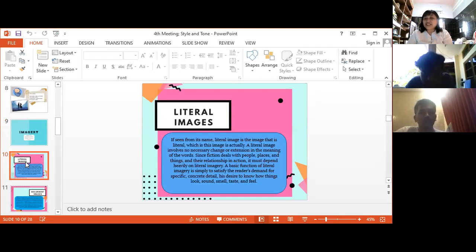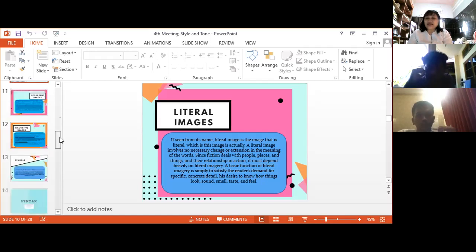Since fiction deals with people, place, and things, and their relationship in action, it must depend heavily on literal imagery. A basic function of literal imagery is simply to satisfy the reader's demand for specific, concrete detail, his desire to know how things look, sound, smell, taste, and feel. Ya, image yang sesungguhnya, image yang sebenarnya, literal image.